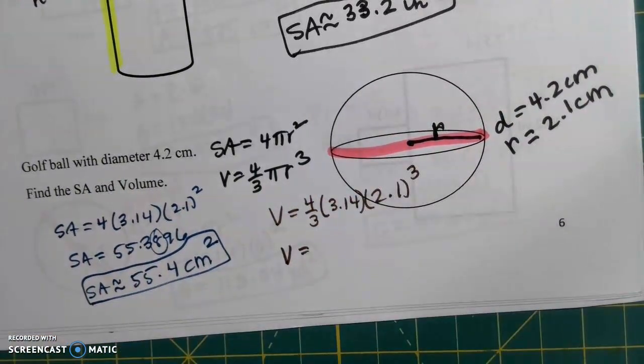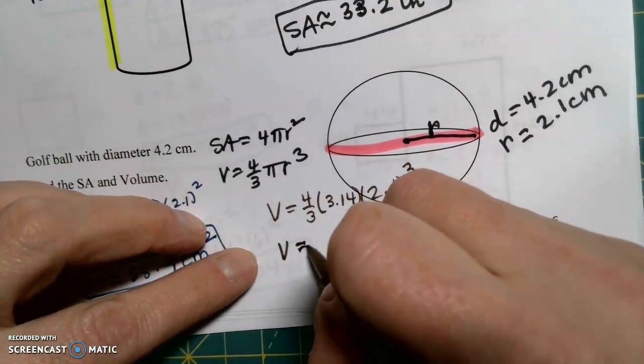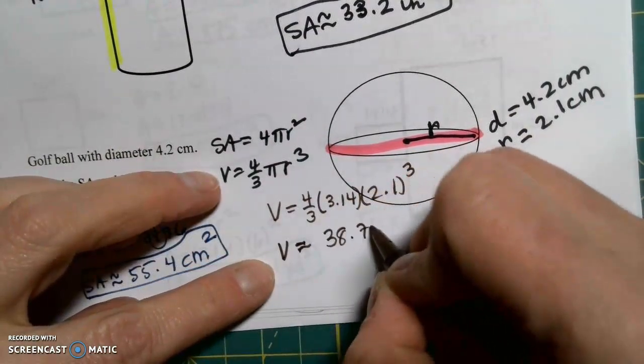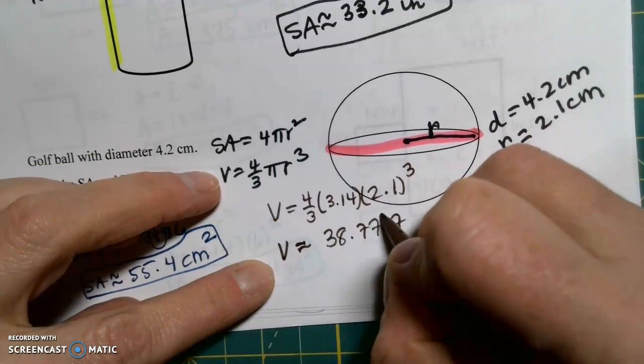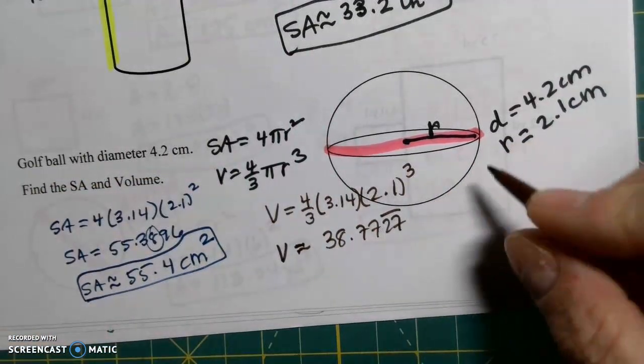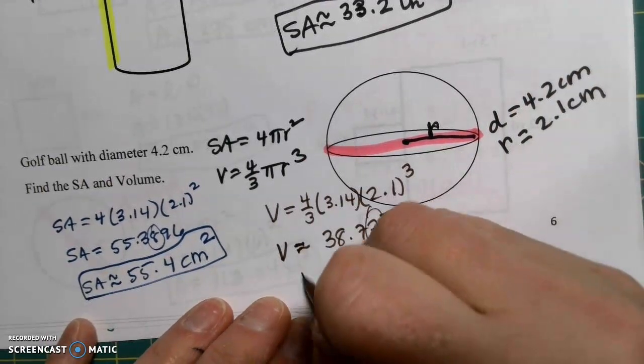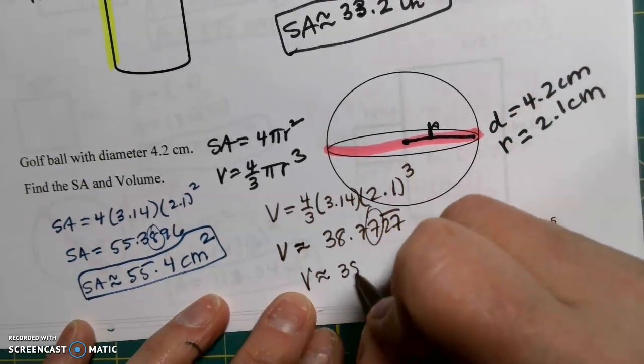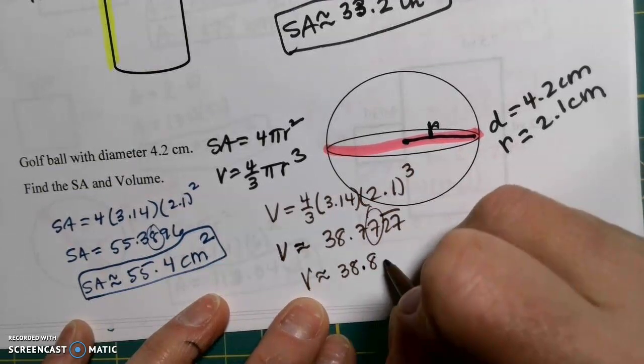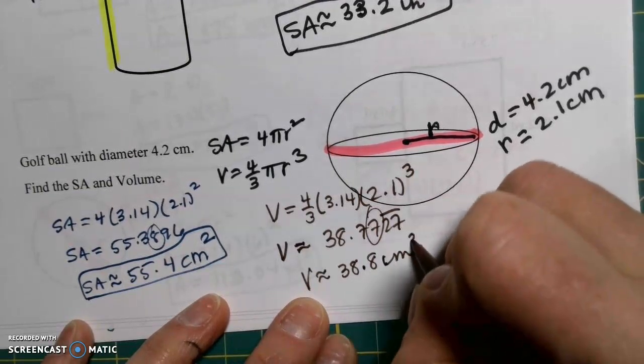And this is going to be, let's see here, 38.7727, and I suspect that that continues to repeat. Again, we're still going to be just rounding probably to the nearest tenth, so volume is approximately 38.8, and here centimeters cubed.